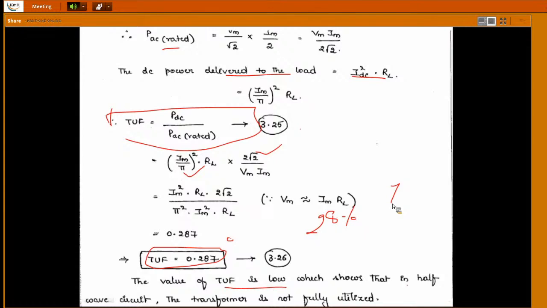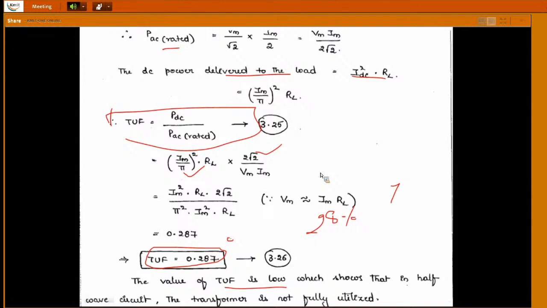That is why the half wave rectifier has only 28%, with a TUF of 0.287. Since we are not fully using the transformer, we do not use the half wave rectifier in practical applications. This is the transformer utilization factor, TUF, whose value is 0.287, or 28.7% in percentage terms.